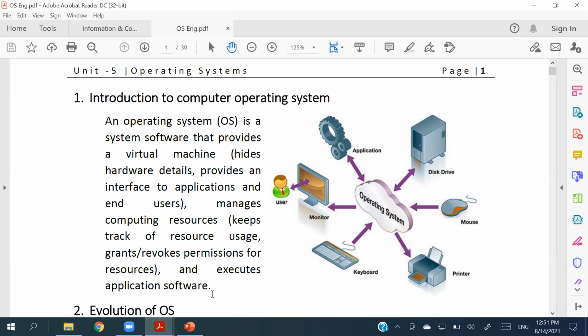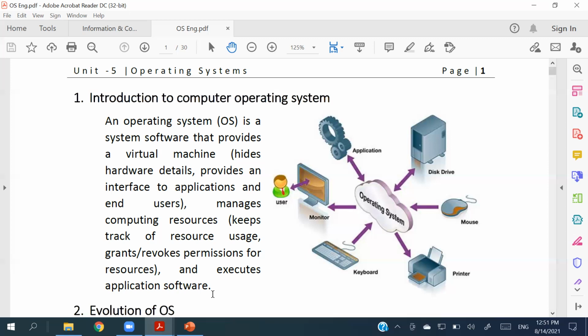If you take my computer, the operating system is Windows. So without Windows, I don't have the ability to install Zoom on this, right? So an operating system has different kinds of aspects, and the definition describes three major aspects of it, right?